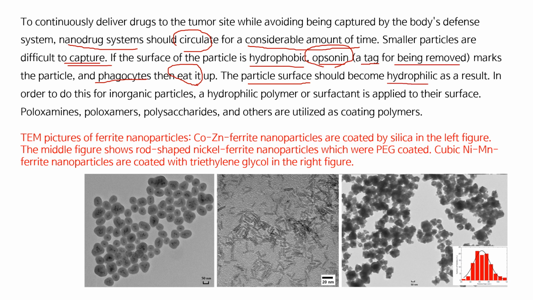So if a particle surface is hydrophobic, then opsonin is attached on the surface of the particle, and that is a mark for phagocytes, so phagocytes can capture the particles. To avoid this, we have to coat the particle surface with hydrophilic polymers.